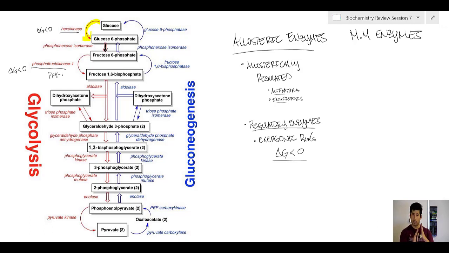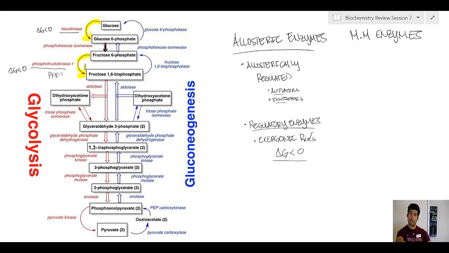This is why it's able to reverse so easily. But the ones where the delta G is less than 0 only have one single direction to go. So for that reason, phosphofructokinase takes fructose 6-phosphate, converts it to fructose 1,6-bisphosphate, and that reaction is not reversible.